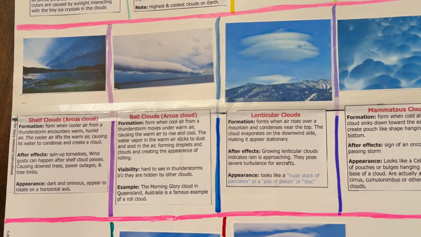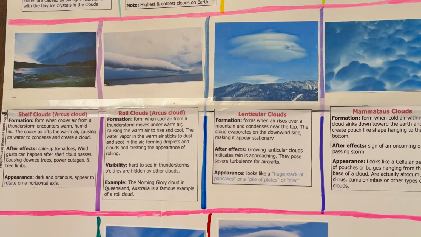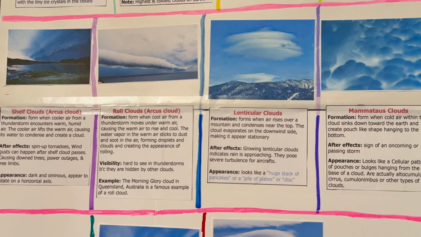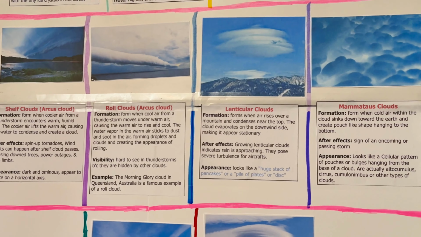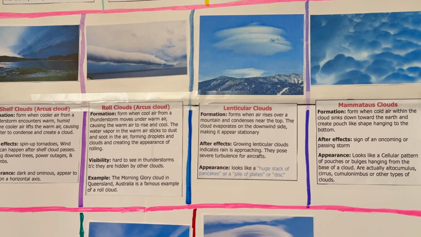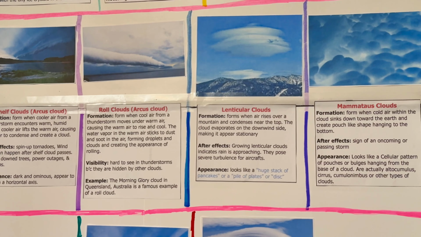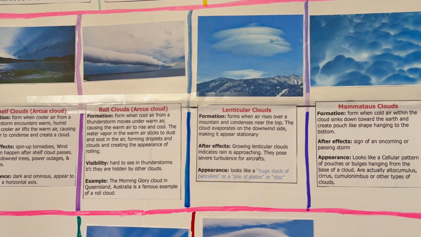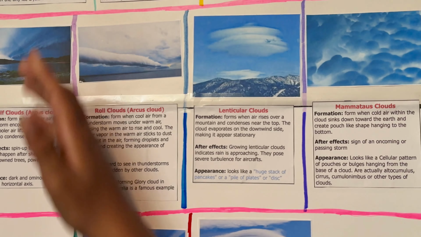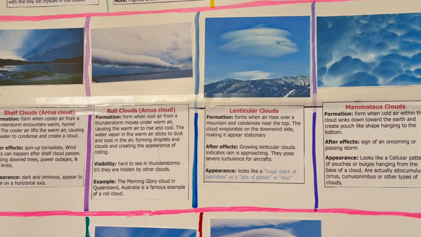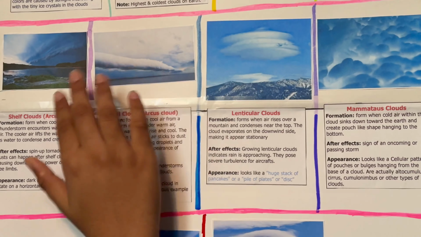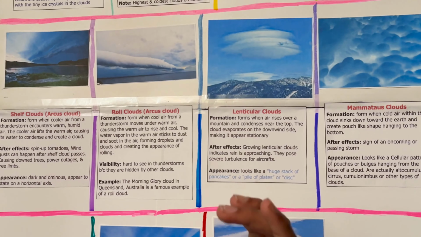All right, then are roll clouds. Roll clouds are another type of Arcus cloud. It's kind of similar to shelf clouds, and it also happens when cold air enters a warm or humid environment. The warm air rises and the cold air falls, and unlike in a shelf cloud where the water vapor moves all together, the water vapor sticks to the dust that's stirred up from the difference in air pressures.